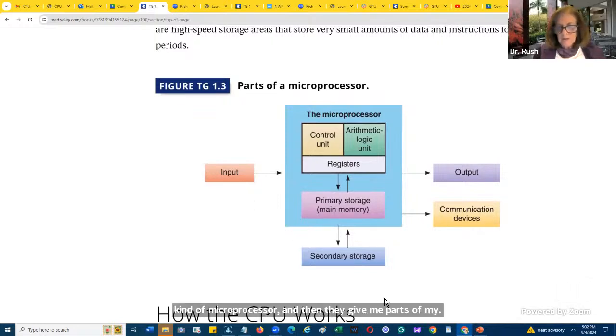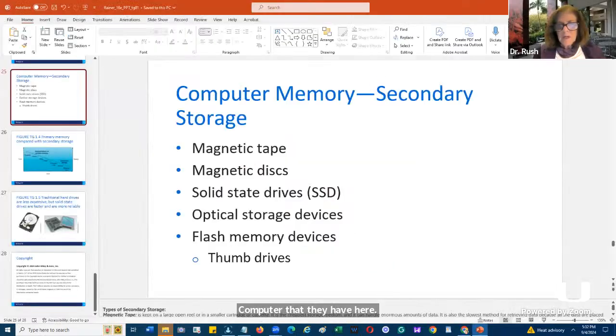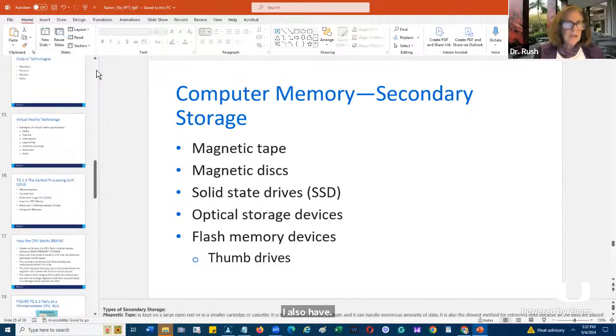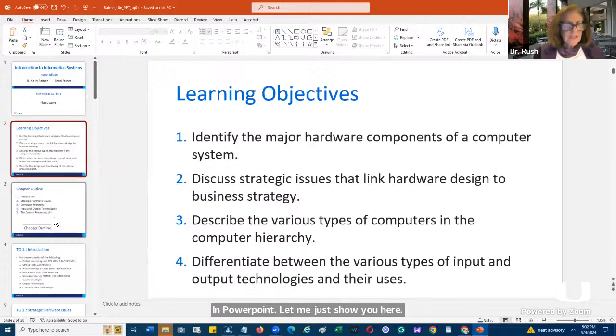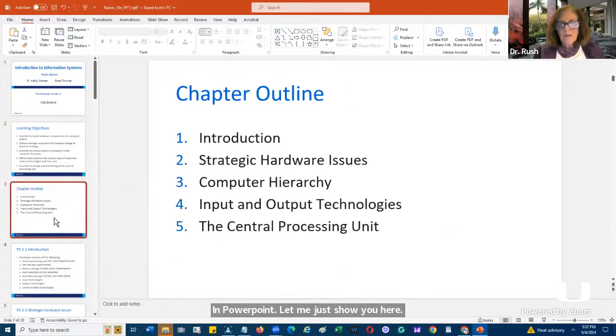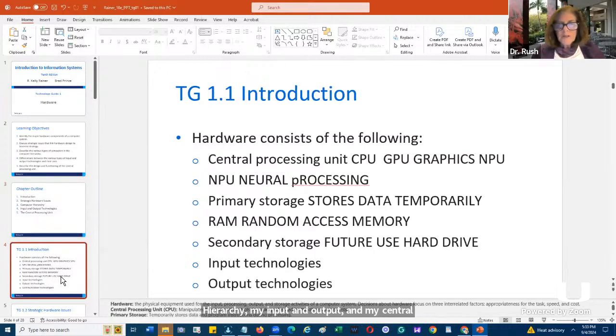I also have in PowerPoint, we're in the learning objectives, they talk about what are strategic hardware issues, what's my computer hierarchy, my input and output, and my central processing unit. So basically, they talk about hardware as my central processing unit, and they give it the acronym CPU. That's kind of like the brains of the computer.